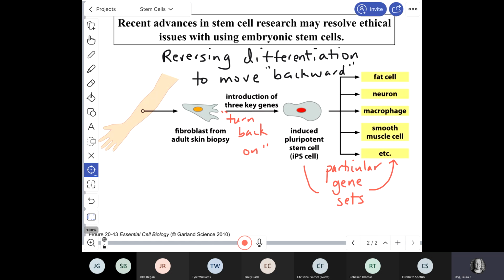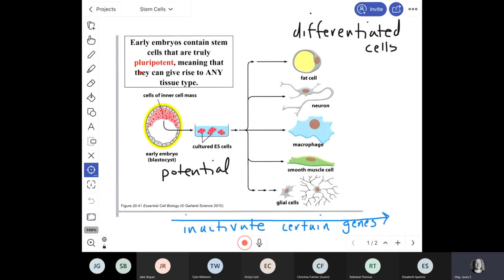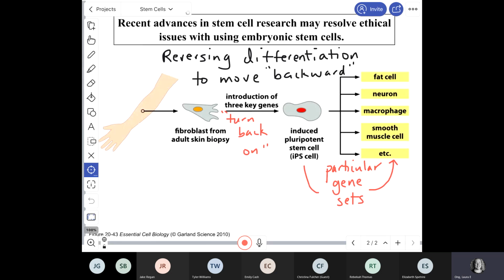I wish I could spend more time on this overall topic, but the words pluripotent and what that means, the major functional differences between true stem cells and differentiated cells, and the ability to turn a partly differentiated cell into an induced pluripotent stem cell and then have the chance to regrow functional tissues.